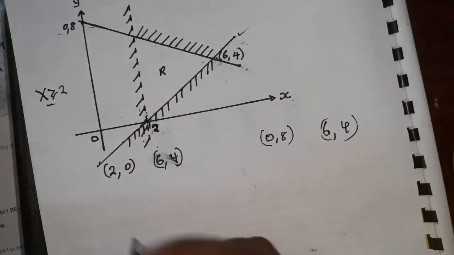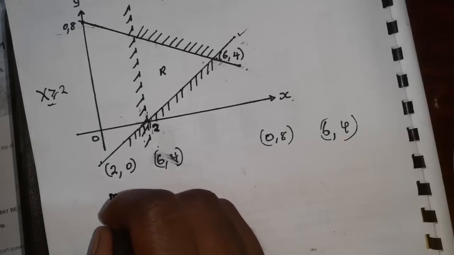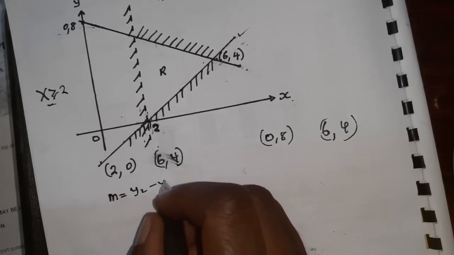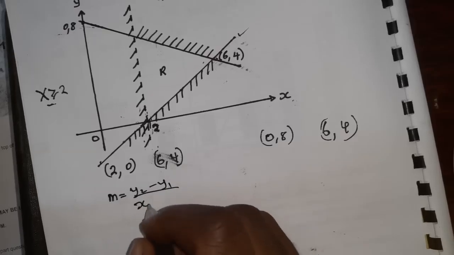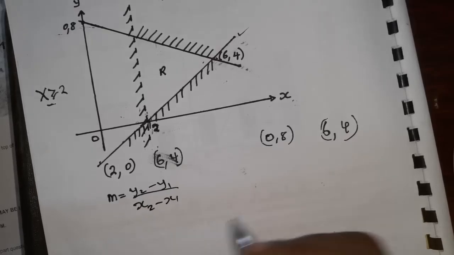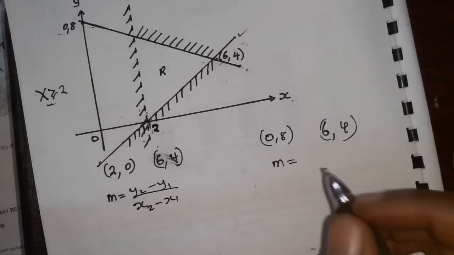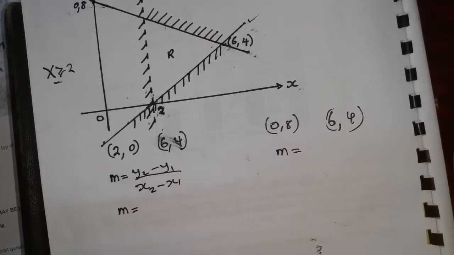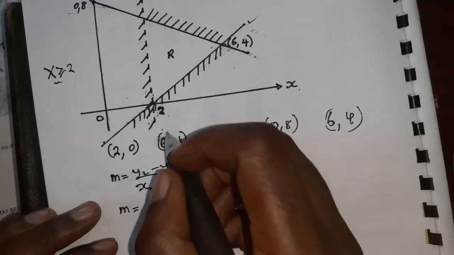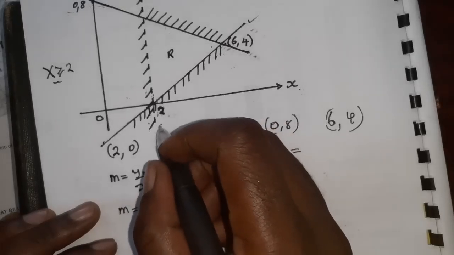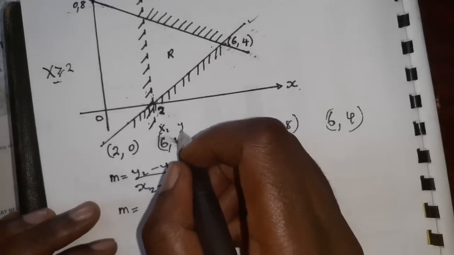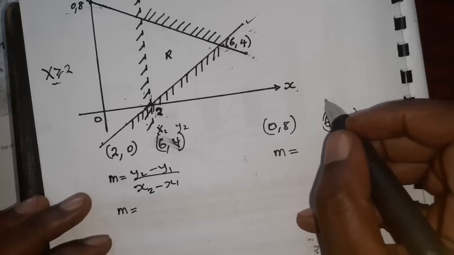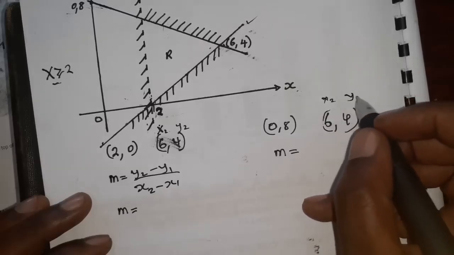So the first thing for both of them, don't confuse them. I'm doing them simultaneously. For this one, you need to first of all write the gradient, which is y2 minus y1 over x2 minus x1. Even here, we'll do the same thing. So we're going to say gradient is equal to, this is our x2, this is our y2. Even here, this is our x2, this is our y2.